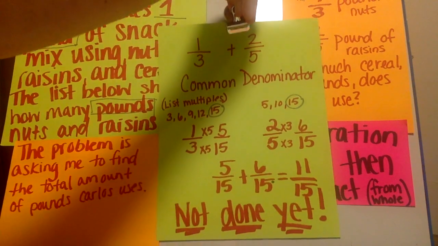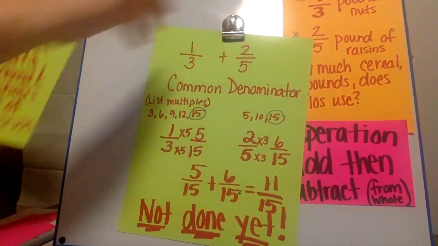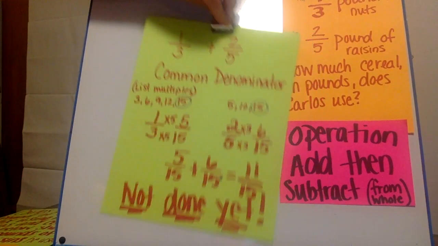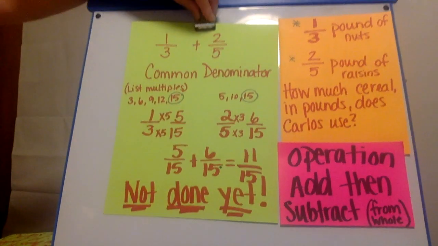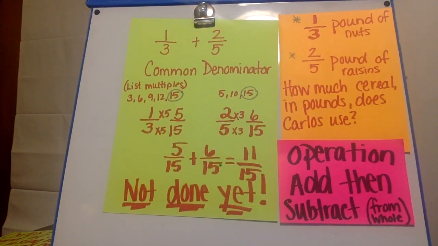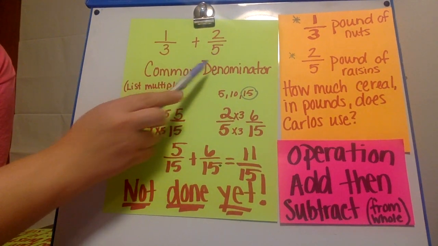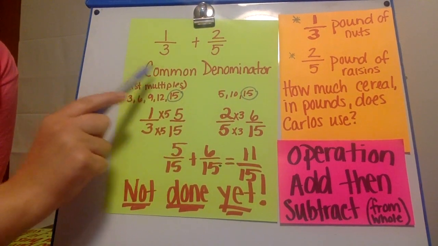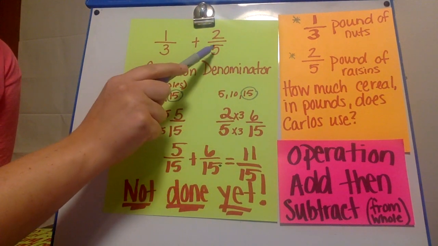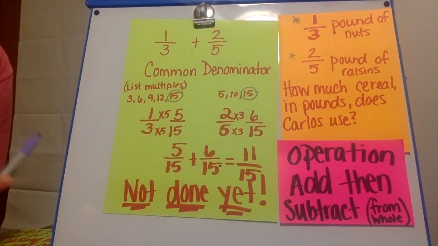Okay, I can kind of move that away. Maybe that'll be better. Okay, so here's what I did. I have 1/3 and 2/5. I need to find a common denominator because these fractions are unlike.